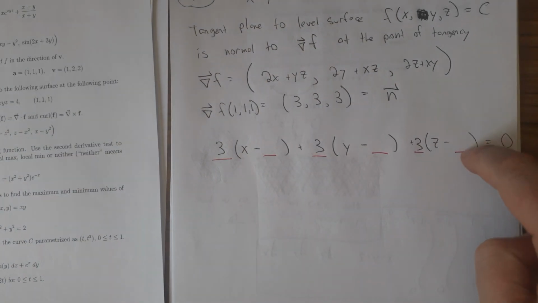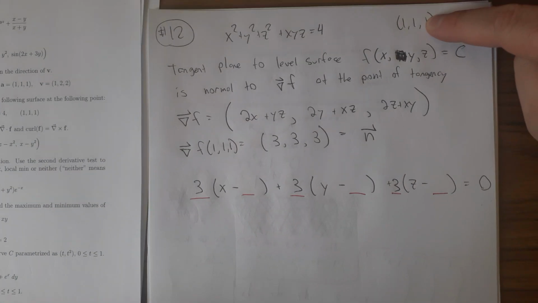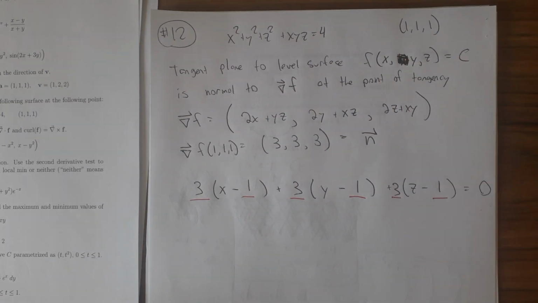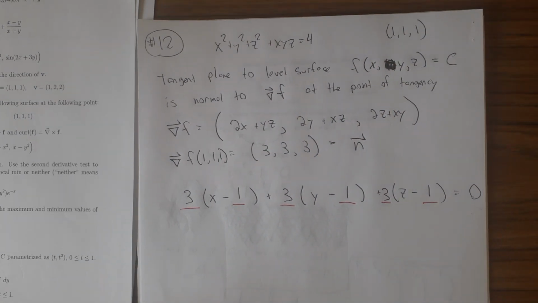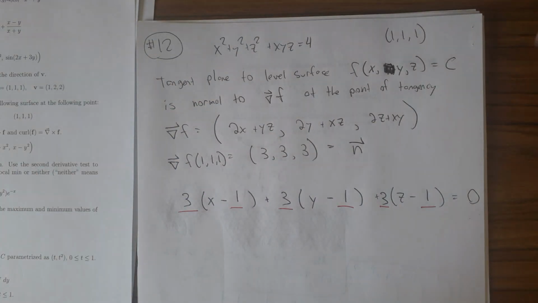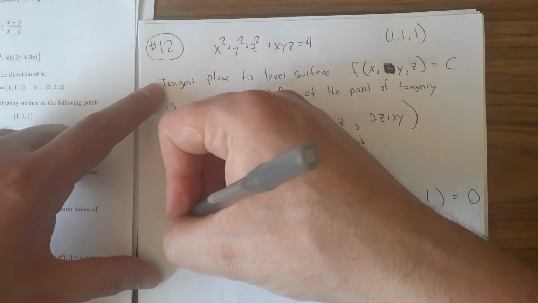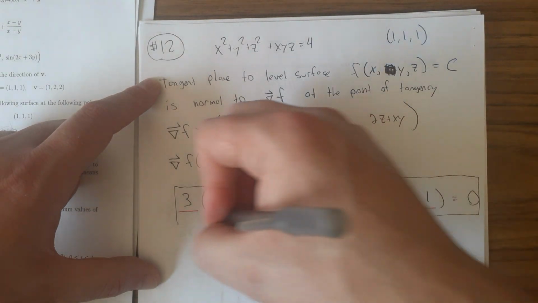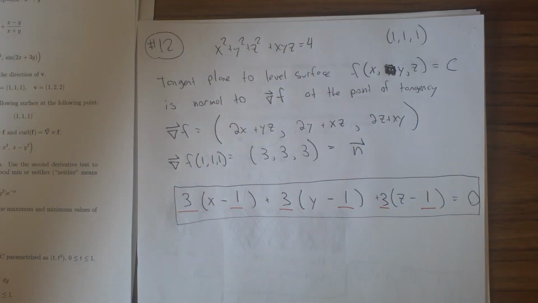These 3 blanks are the point of tangency: 1, 1, 1. I could multiply this out, I can solve it for a variable or whatever, but let's not. This is perfectly fine to just leave as our answer. This is the equation of the tangent plane.